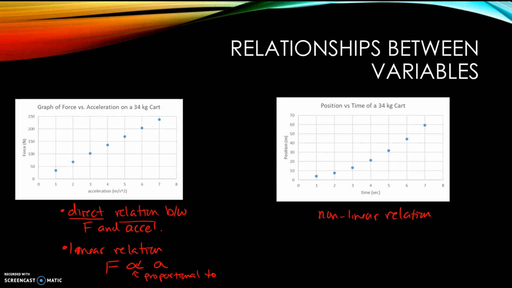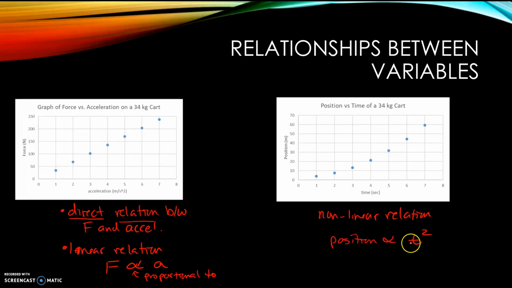So for now, let's just leave this as a nonlinear relationship, but very often this will be like an x squared relationship. And so you would fit this, and actually, since I made this graph, I could tell you that the position is proportional to time squared. Okay, so in this case, it's not a direct relationship. Here, force was directly proportional to the acceleration.